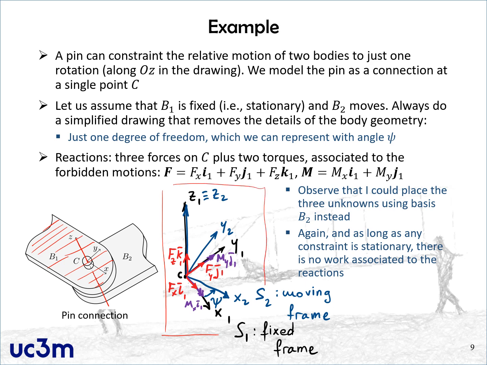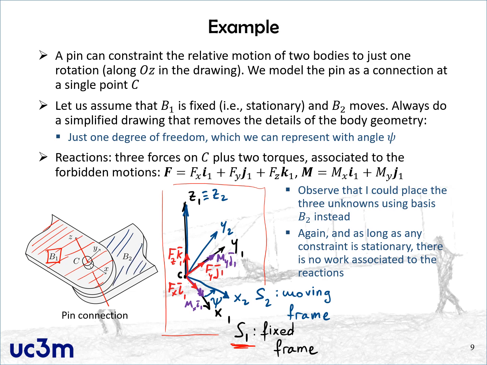As before, we are going to do a separate drawing where we eliminate all the graphical complexity of the problem. Here I have selected a reference frame S1, which is a body fixed reference frame attached to body B1. This is the reference frame that I have drawn in black, and another reference frame in blue, which is the one associated to body B2.